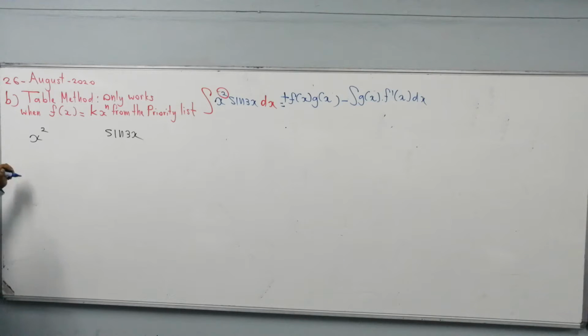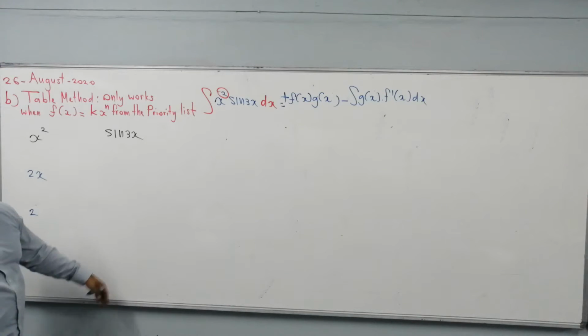And then in the next line, you write down the derivative of x squared is 2x. The derivative of 2x is 2. The derivative of 2 is 0. Alright. So only x to the power a positive number can be differentiated down to 0.